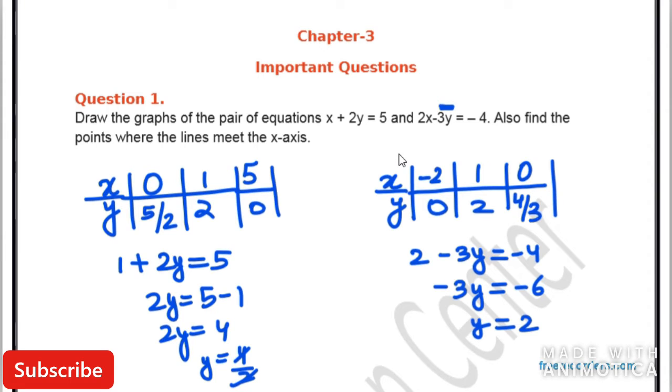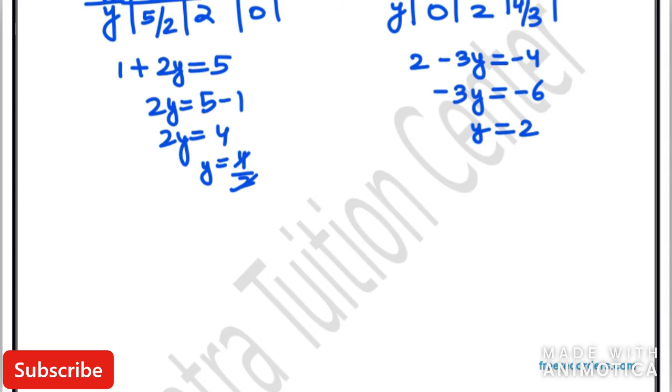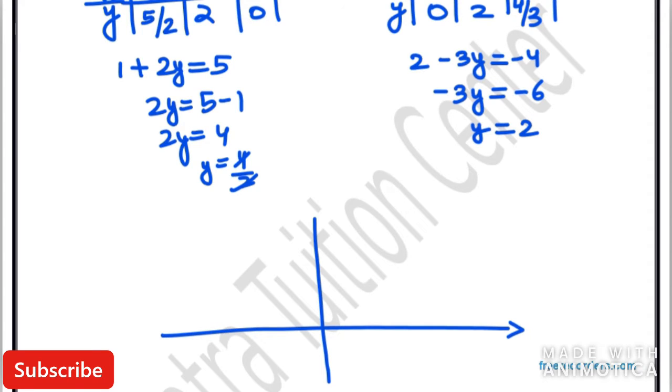Now let us put all the values into a graph. Now we have to mark the points.